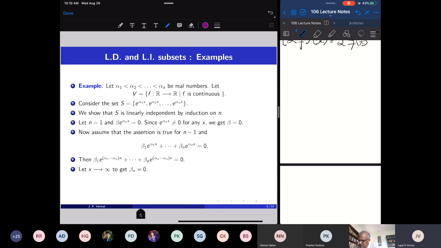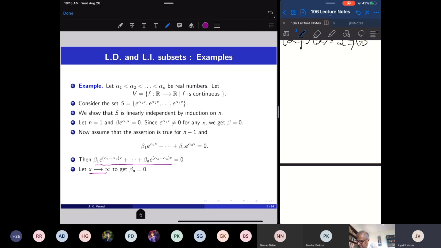But now I can let x approach infinity. This is a continuous function of x which produces the zero function. So if I take x approaching infinity on both sides, I should get the zero function.